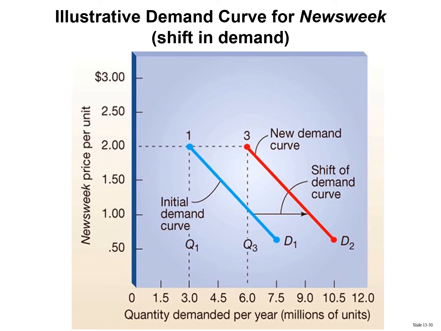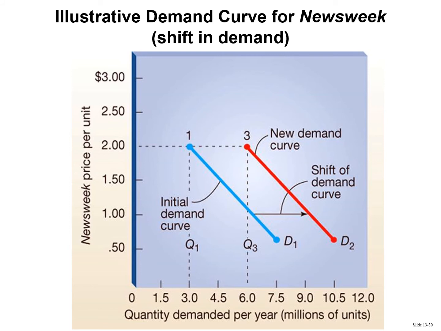But based on the demand factors, the demand curve can shift from point 1 to point 3, meaning that you have kept the price same, which is $2. Your demand can increase, the quantity that is demanded can increase from 3 million to 6 million. If that is the case, everything moves beyond.